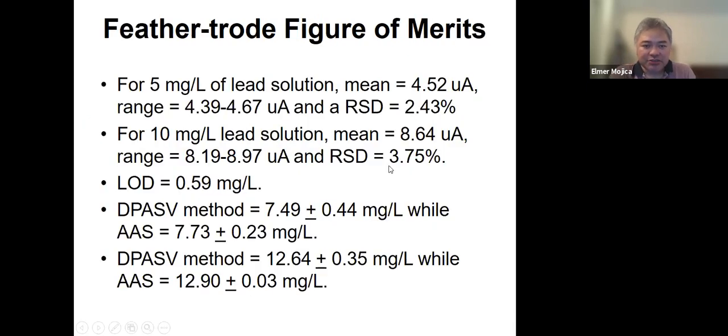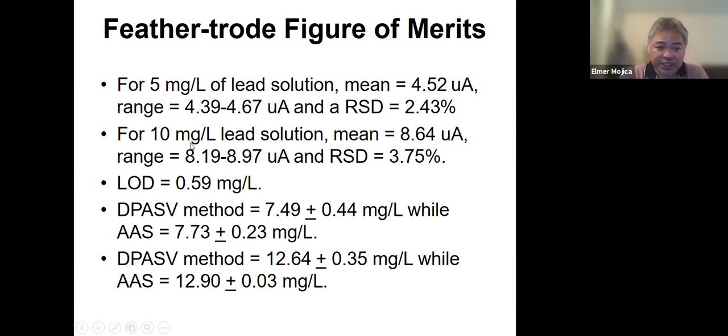Now we also look at other figures of merit of the Feather-trode. So when we use it for a 5 milligram per liter lead solution, the mean is around 4.52 microampere, with the range from 4.39 to 4.67, giving us a relative standard deviation of 2.43.